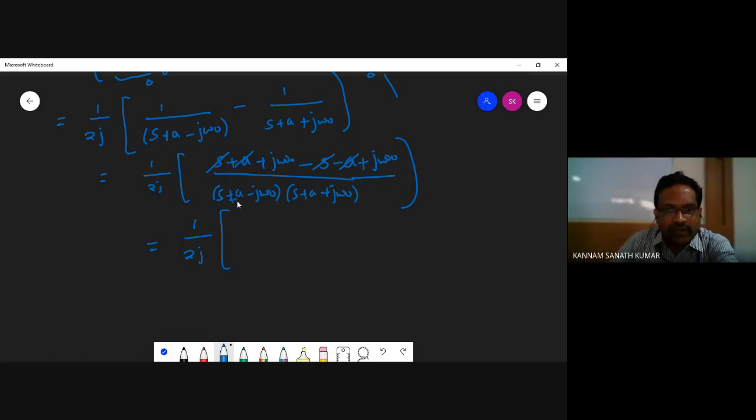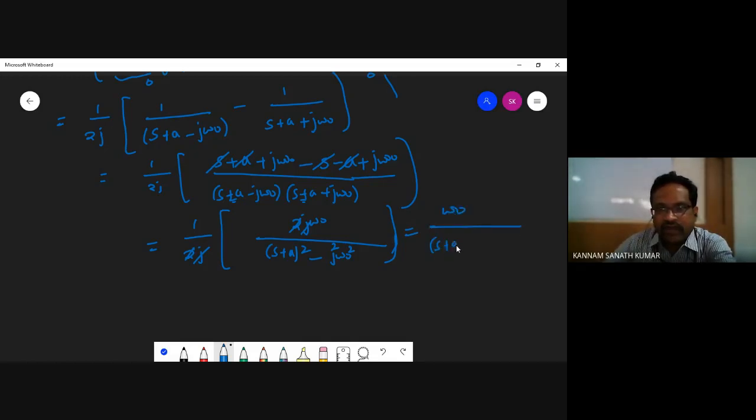If you combine these two, s plus a is common, so a plus b into a minus b gives s plus a whole square minus j omega naught whole square, that means j square omega naught square. Here j omega naught plus j omega naught, so what is remaining? 2j omega naught. I simplified this: 2 gets cancelled, j gets cancelled. What is remaining? Omega naught divided by s plus a whole square.